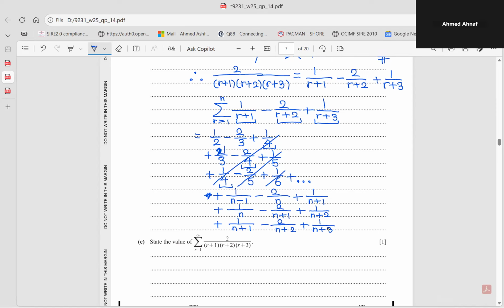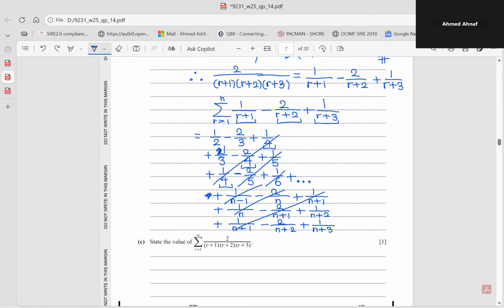So you can see the n plus 1 terms will cancel out, as well as this, as well as this. So there's a reason why the order of the terms matters. The first row is for r equals 1, the second row is for r equals 2, and so on and so forth, okay? So there's a reason why you should organize everything orderly.